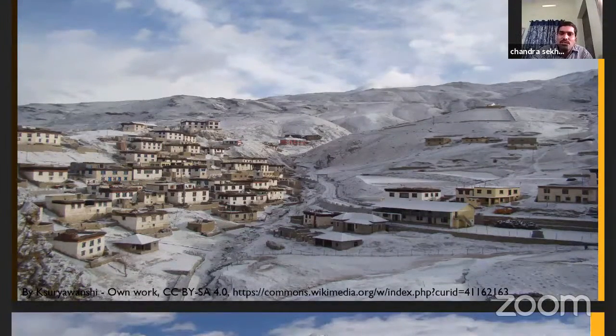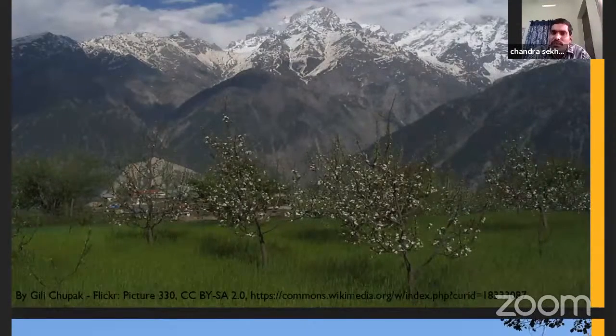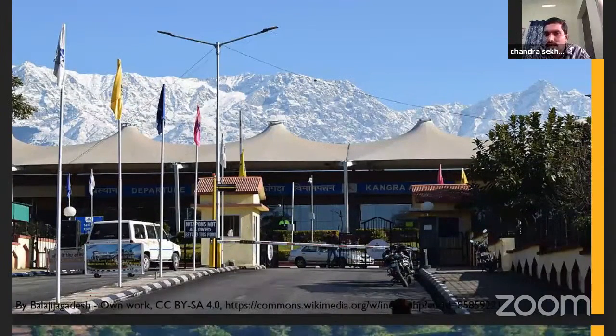Here another village is on the hill outside, a very small village surrounded by mountains. These pictures give a clear idea about the terrain of Himachal Pradesh, and how they are implementing developmental activities for the development of all the people.